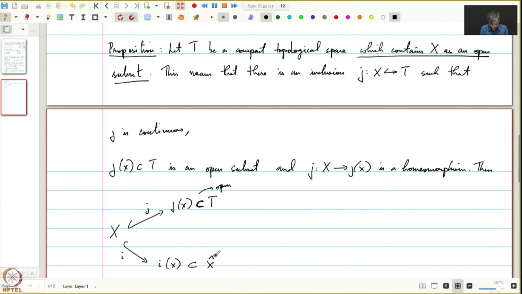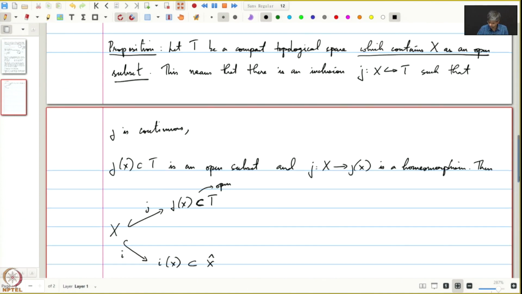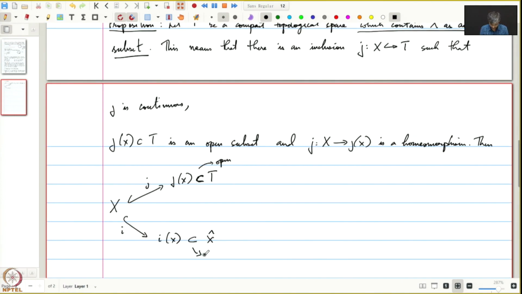There is X hat, which is also open, and X hat, right. So, then there is a unique map F from T to X hat, such that the following two things happen.